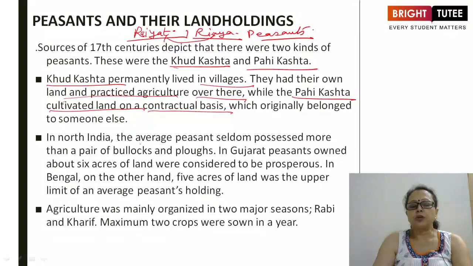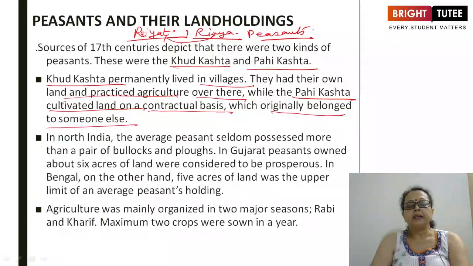They are not the owner of the land, nor inhabitants of that village. The land originally belonged to someone else, and they cultivate it on the basis of rent or as a tenant. In North India, the average peasant seldom possessed more than a pair of bullocks and plows.